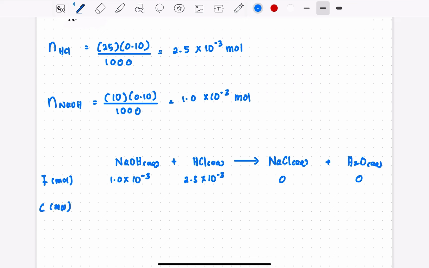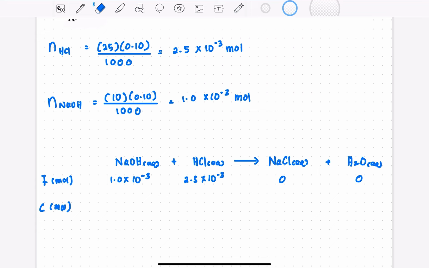Okay, in this case, since this reaction is 100% non-reversible and it is a one-way reaction, the reaction will be just a forward reaction. And for the changes, we have to consider the smallest mole, because the smallest mole will become the limiting reactant.